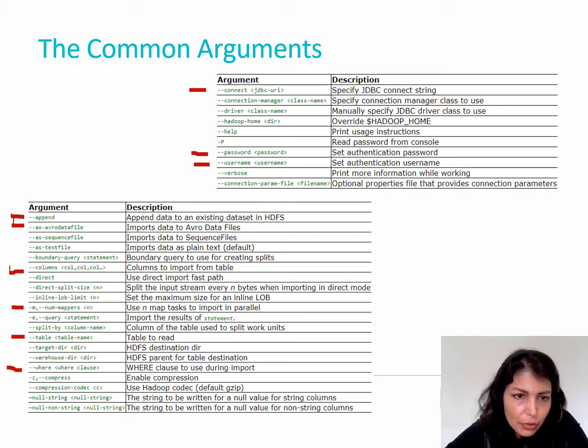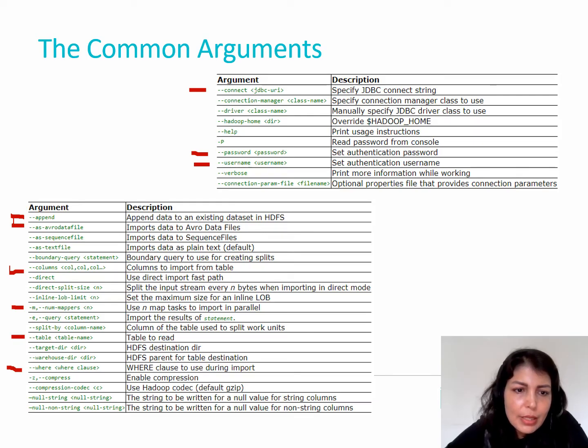From the second table for import arguments, the first one is append. If you use this option, you can append data to the existing data set in HDFS. Then you have columns, which is important.